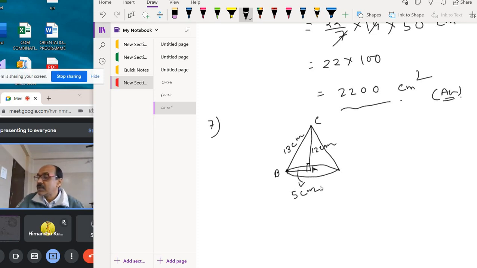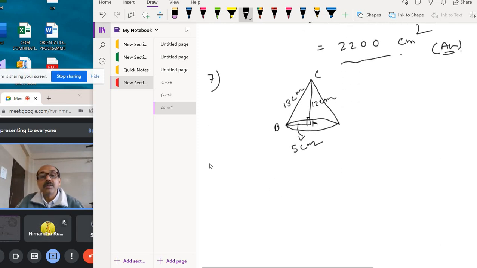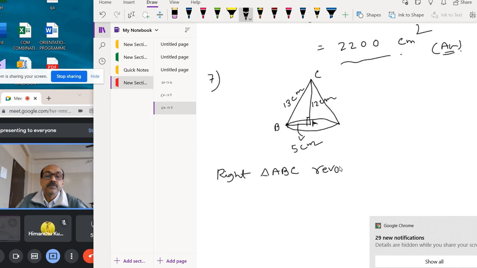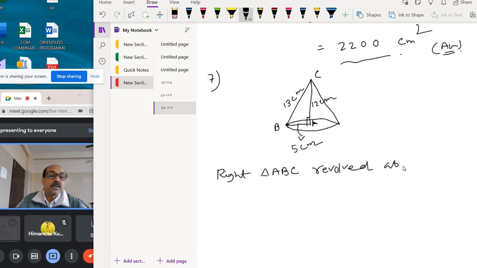Now, right triangle ABC revolved about the side 12 centimeter.